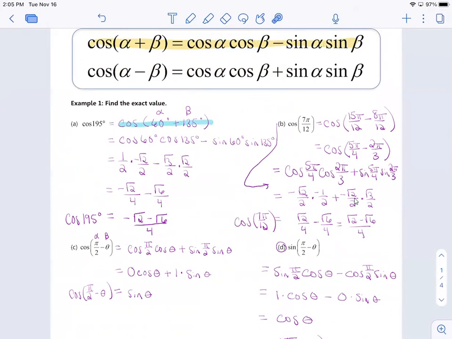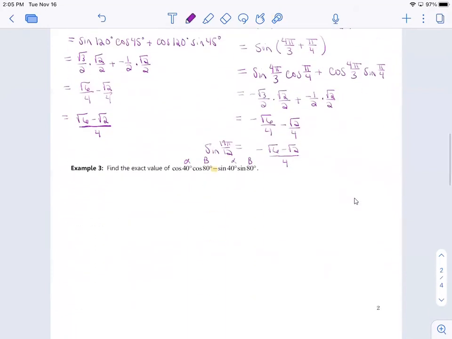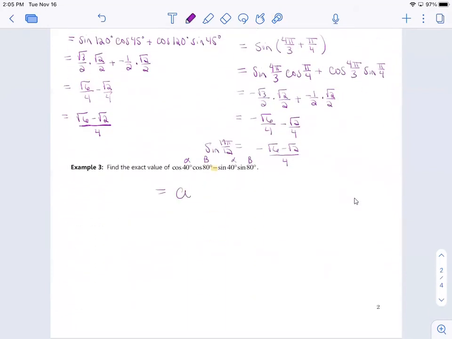All right, so now what I can do is move backwards. I know what my alpha is. I know what my beta is. It's given to me. So I'm going to go back. And this would equal cosine of 40 degrees plus 80 degrees. Sorry, 40 degrees plus 80 degrees, because I don't know what cosine of 40 degrees is.